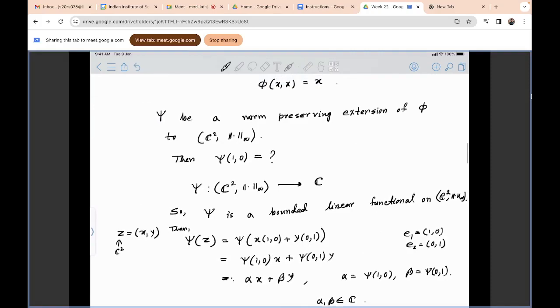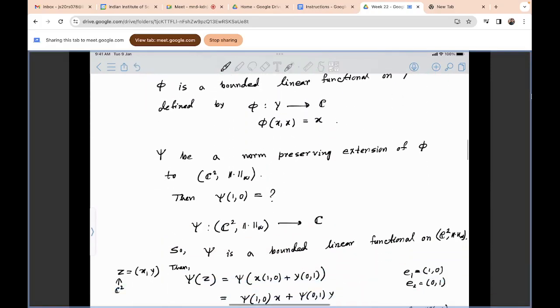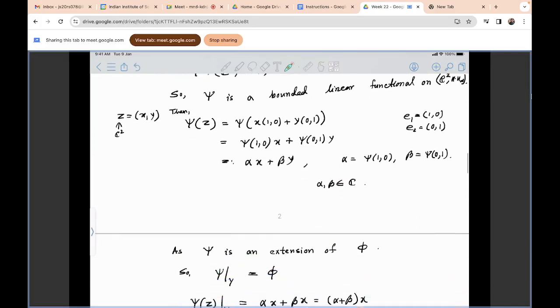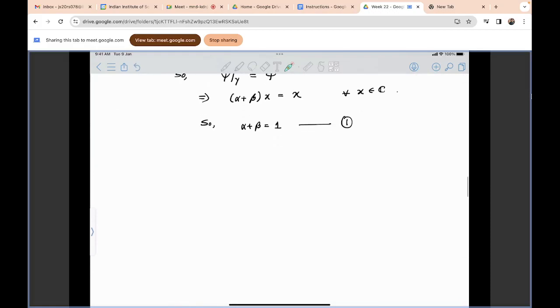Now there is another condition, since this is a norm-preserving extension. The norm will be the same, so the norm of psi and the norm of phi should be the same. So what is the norm of phi first? What is the norm of p?